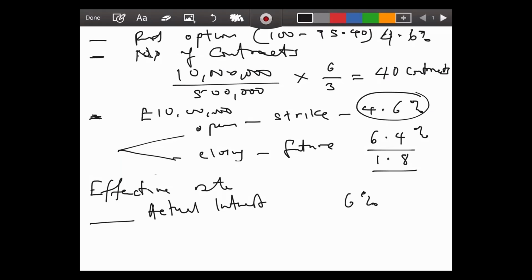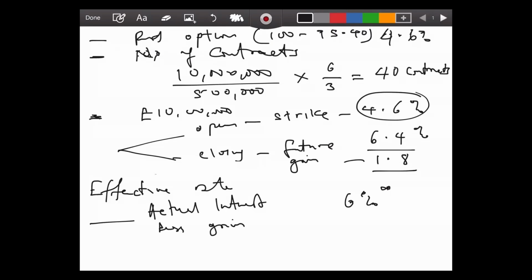This is the actual transaction, which is 6%. Now what is the result from the hedging? You have two things to look at: one, the gain, and two, the premium. The 6% is a payable, so you now less the gain.